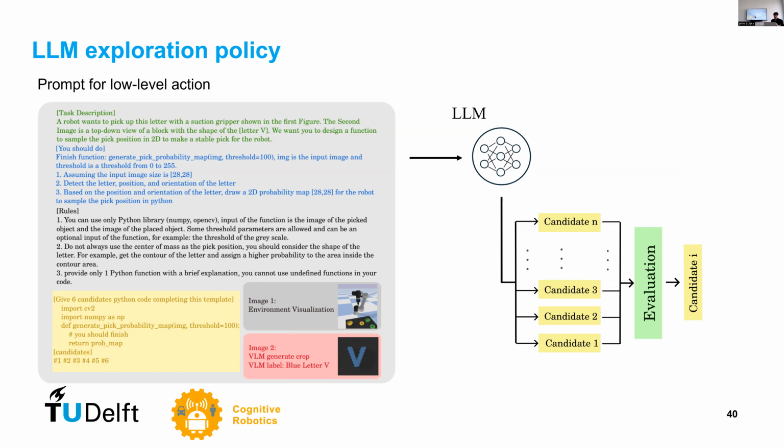So we provide the large language model two images, the first one demonstrating the task setting, and the second one describing what the image crops look like. And the prompt is very similar to what I introduced for the high-level prompt, and it will generate several candidates, and after evaluation, we find the best one.